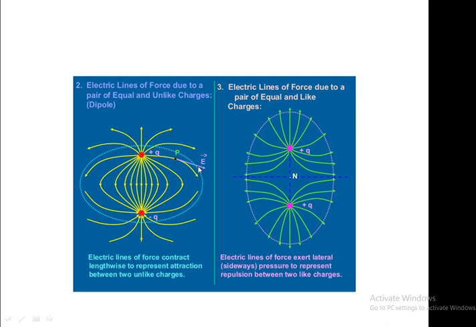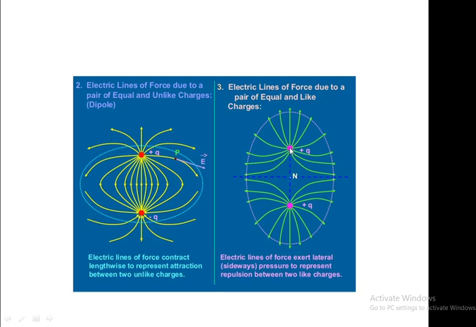This is the tangent represented by this line. This tangent gives the direction of vector E. This is the main use of electric field line. By drawing electric field line and creating tangent to that line, we will get the direction of electric field vector. Clear?